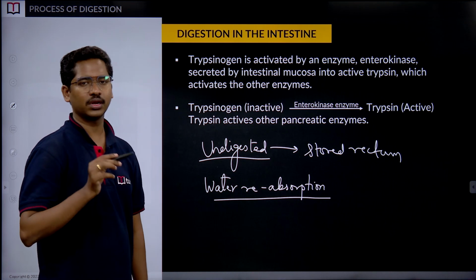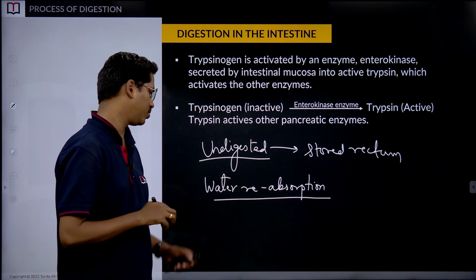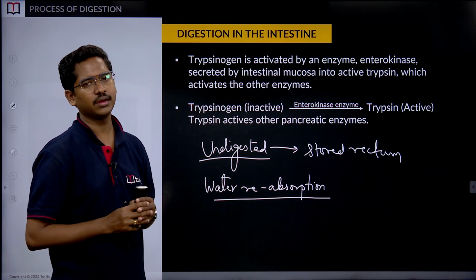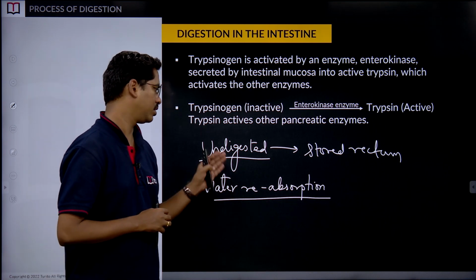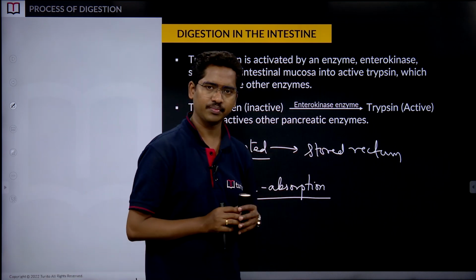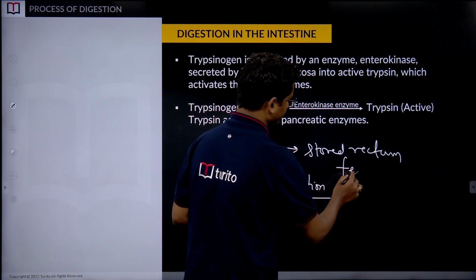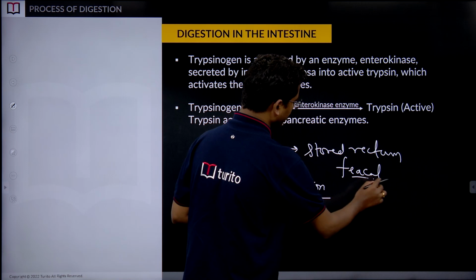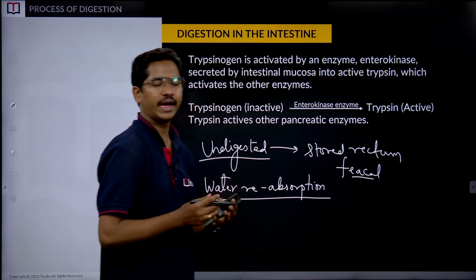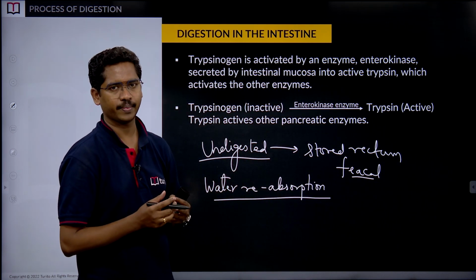After the water reabsorption, the undigested food gets stored in the rectum, and that is what we know as fecal matter. Okay. And that fecal matter has to get ejected out of the body, right.